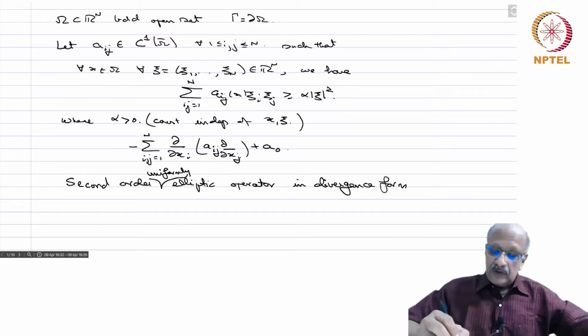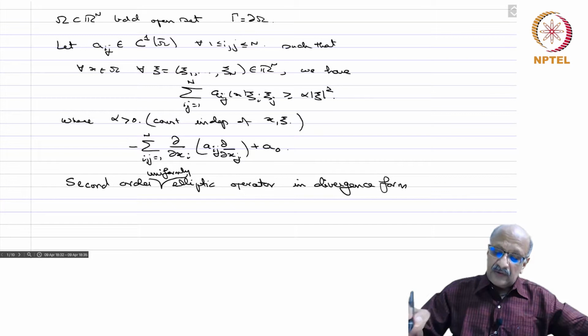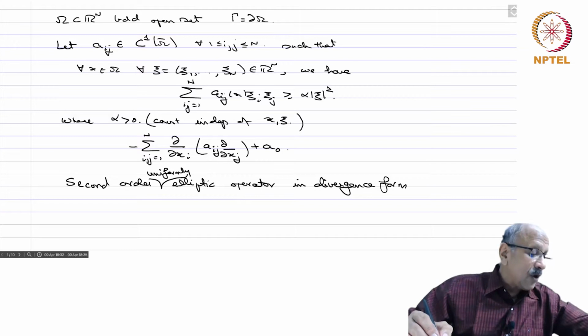The way you've written, usually a second order operator would have second derivatives, first derivatives, and a lower order term, zero order term. Here the second derivatives and first derivative have been combined in a special way, and therefore this is called the divergence form of the operator.